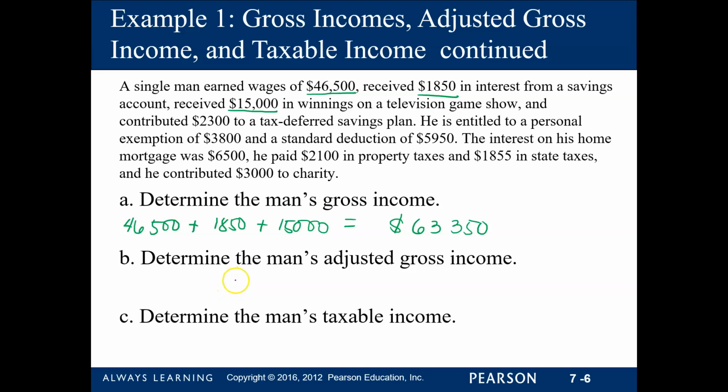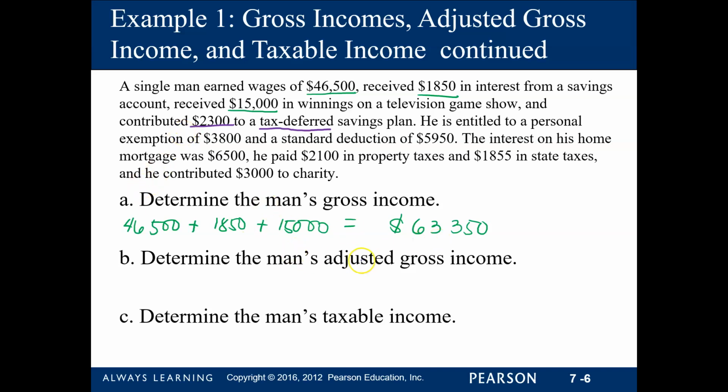And remember, the keyword that you have to look for is tax deferred. Because we have this tax deferred word in our problem, you can see that 2,300 is a tax deferred savings plan. So 2,300 is our adjustment.